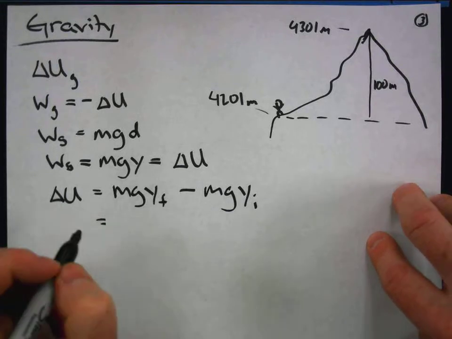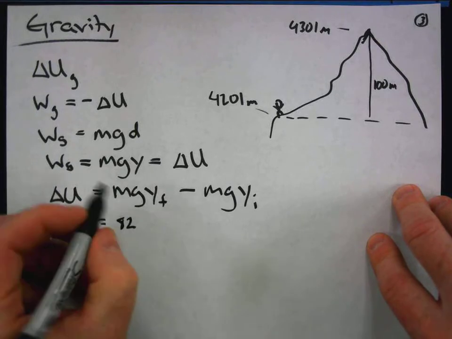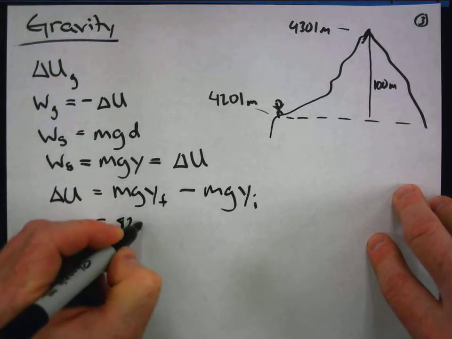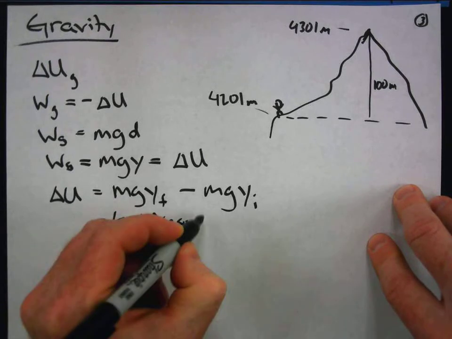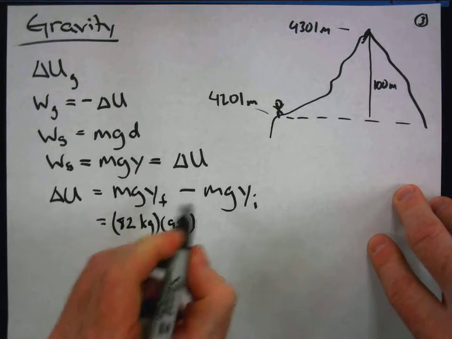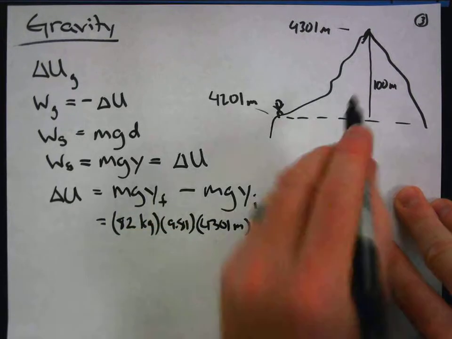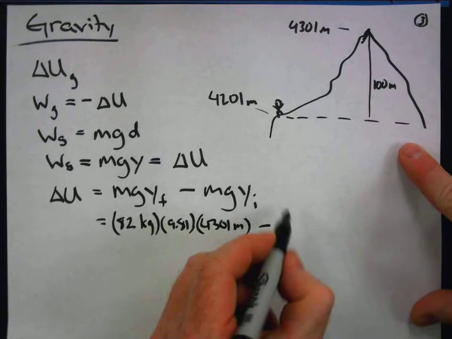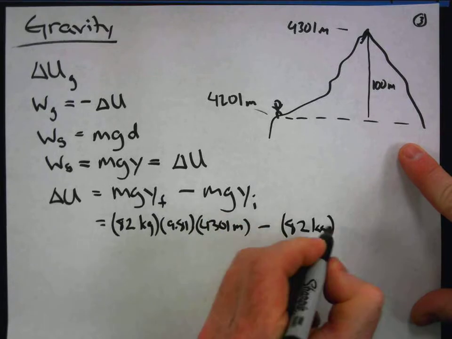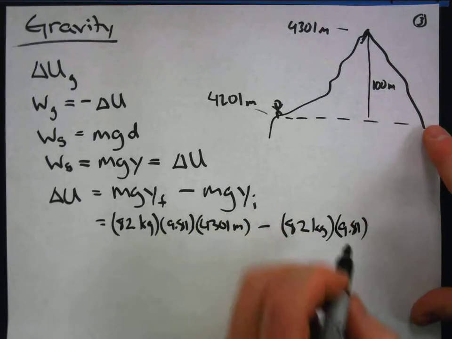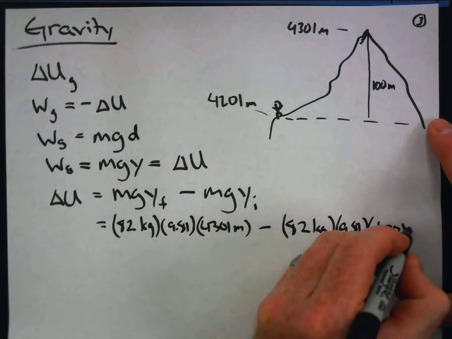And so, what if, let's say the climber's carrying some stuff, they have a significant mass, 82 kilograms. G is 9.81. And our final position is the elevation at the peak of the mountain. Okay. And so again, for the initial values here, mass times G, and our initial elevation, 4201 meters.